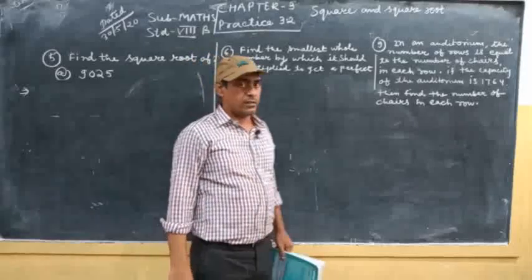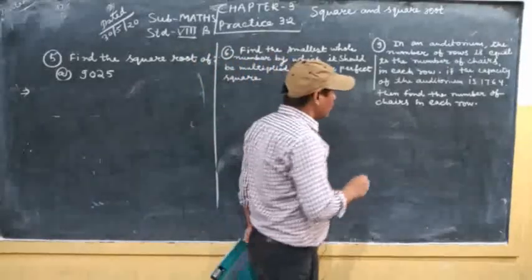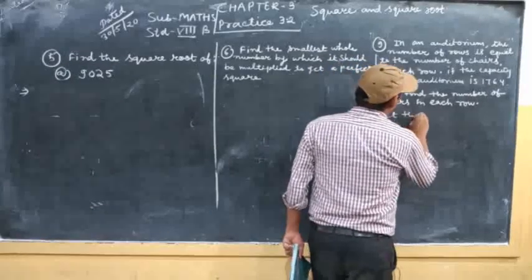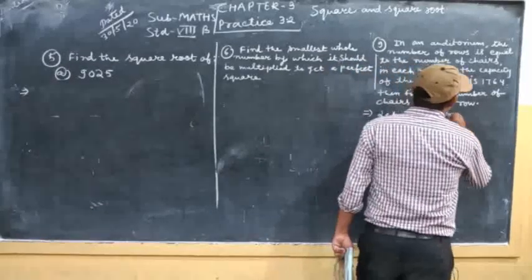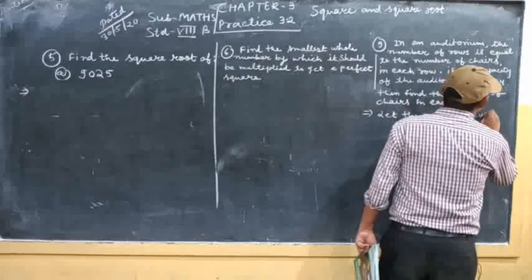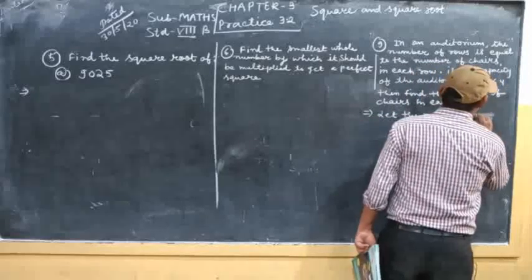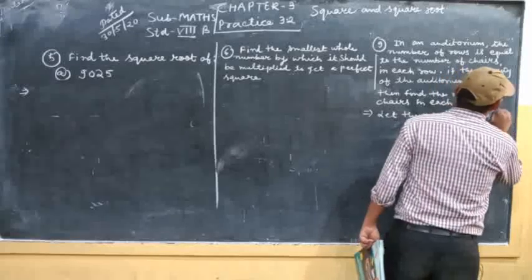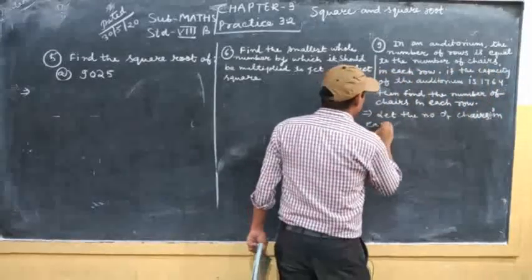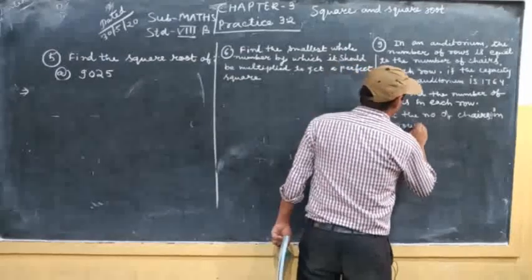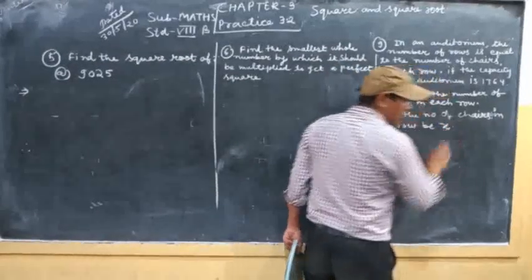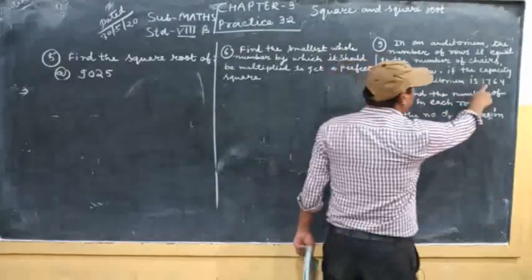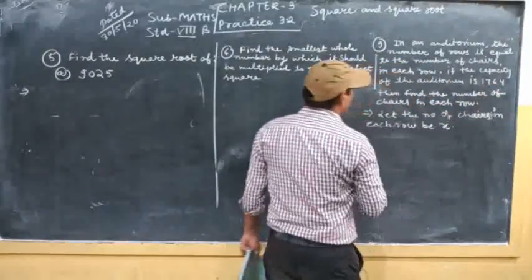We have to find the number of chairs in each row. So let the number of chairs in each row be x. Here x square is equal to 1764.